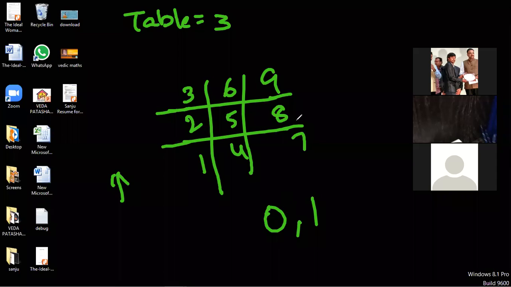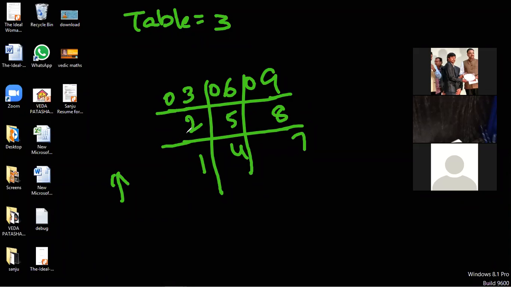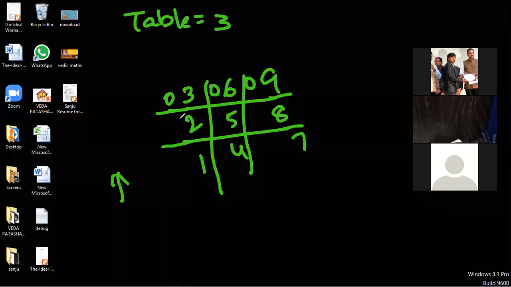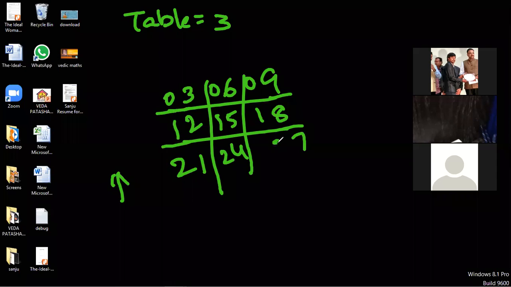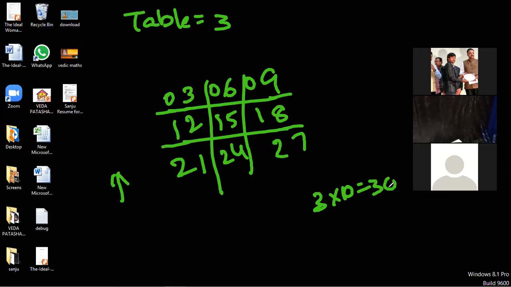Before 1 we have 0 also. 0 is less than 1. So in the first row you write 0. After 0 what will come? One. In the second row you write 1. After 1 what will come? Two. And finally we already know 3 times 10 is 30 because we already know the 10 table, right?